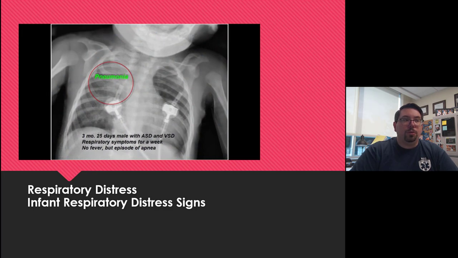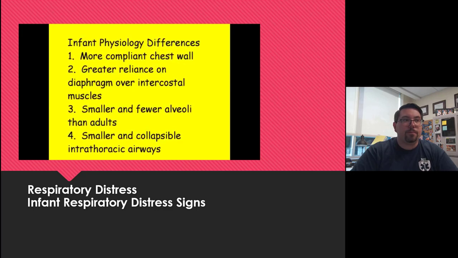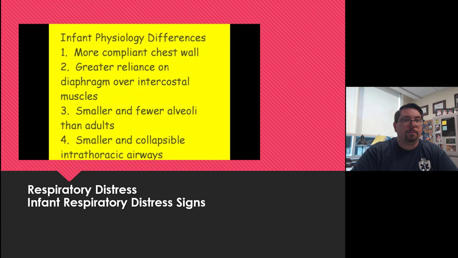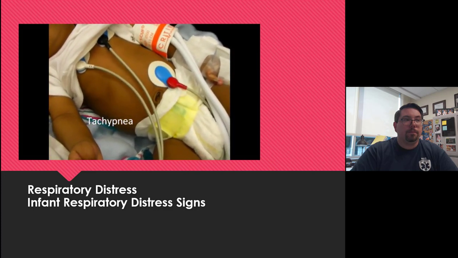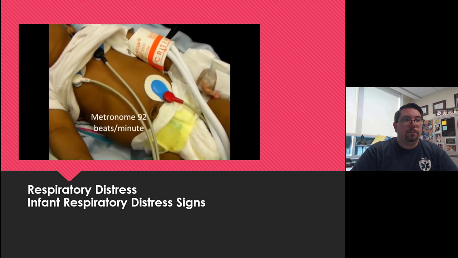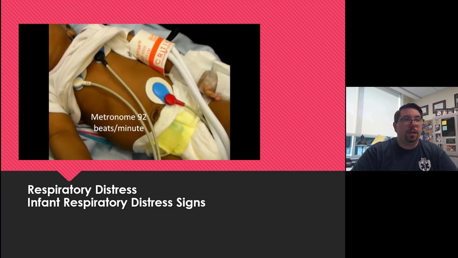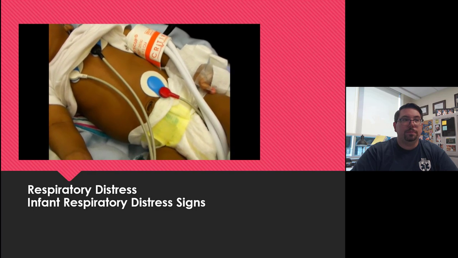Again, this is a 3-month-old, 25 days old with onset of pneumonia. So you're getting about 90 breaths, and so now he has a VSD and an ASD. The metronome is set at 92 beats per minute, so you can clearly see this child is really having some significant breathing problems. No fever, though, you said, right?